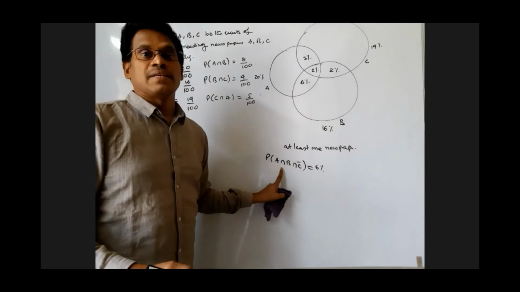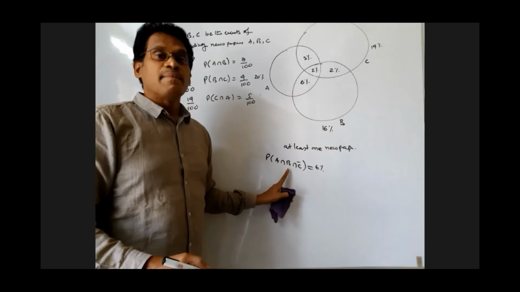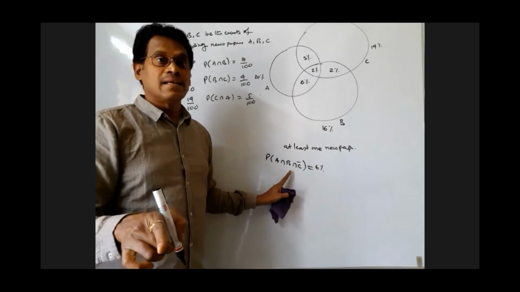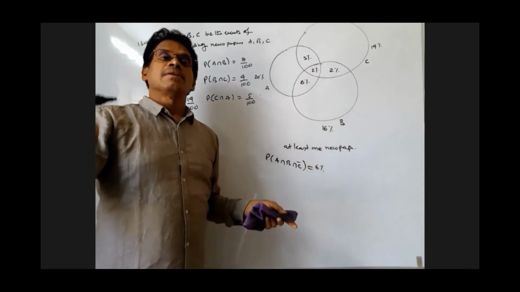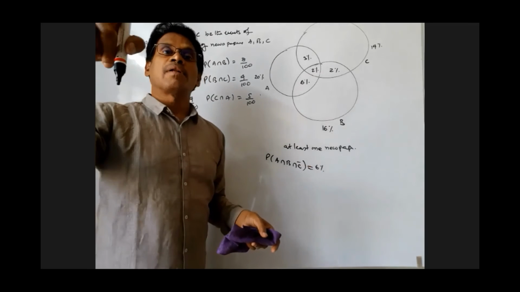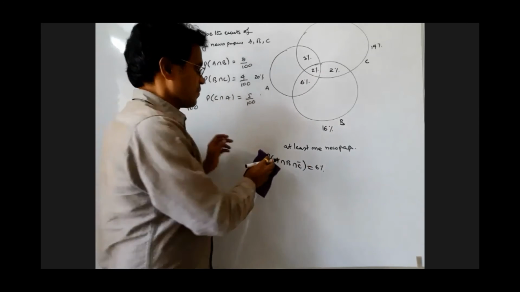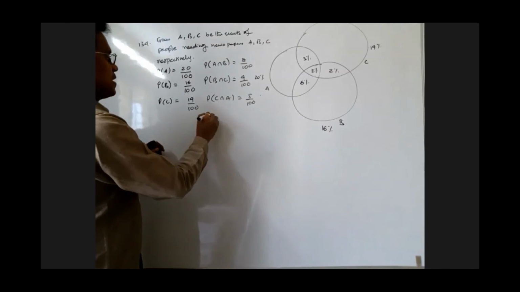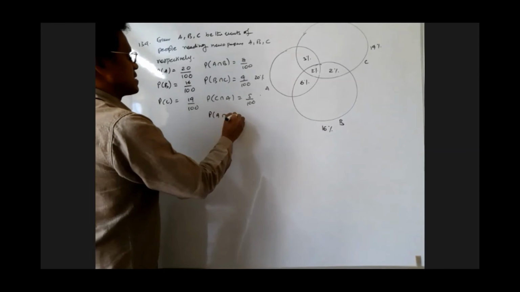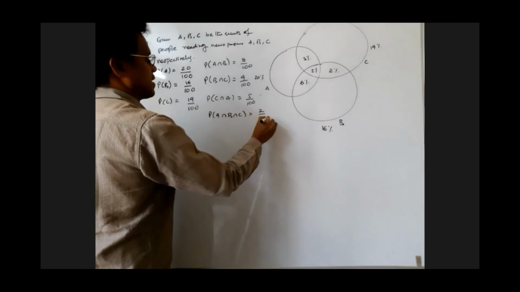Please be aware of this. They are reading only A and B, not C. The 2 are reading C also. Next, the probability of A ∩ B ∩ C is 2%, that is 2 by 100.